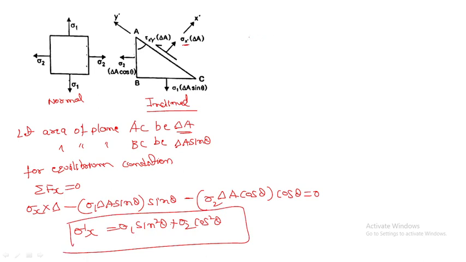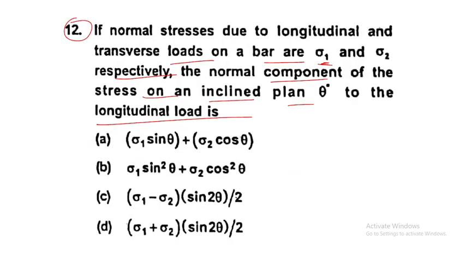Now what are they actually asking? We already got the answer to the given question, but if they ask another question in a different way, you have to calculate it with the same equations. So the answer for the given question is sigma 1 sin square theta plus sigma 2, the normal stress 2, cos square theta.